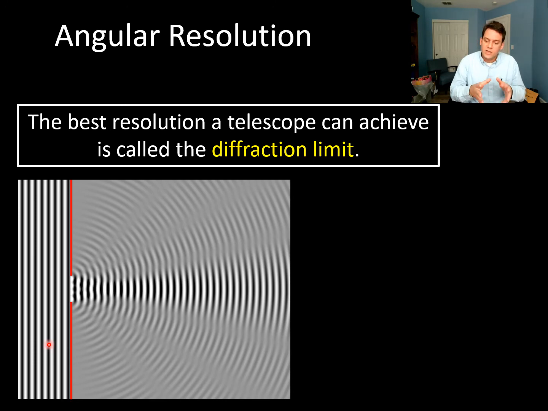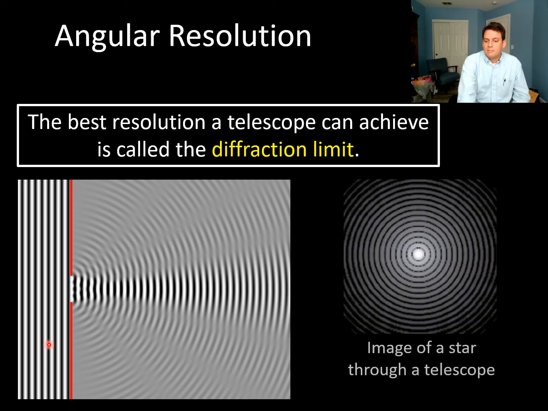And because of that, there actually is a fundamental limit called the diffraction limit to the best angular resolution that you can get. As a matter of fact, if you look at it with a circular aperture, if you look out at a star, for example, what you'll actually see is something that looks like this. You have a central bright point, which is where that object is.